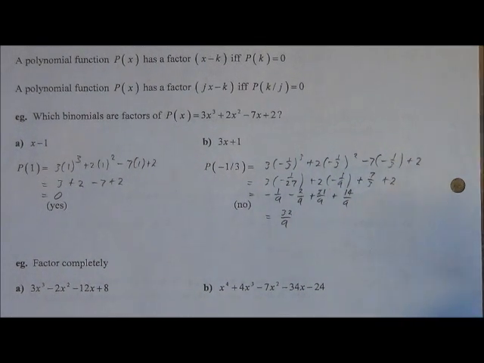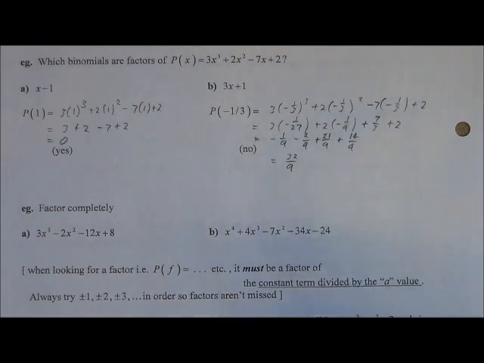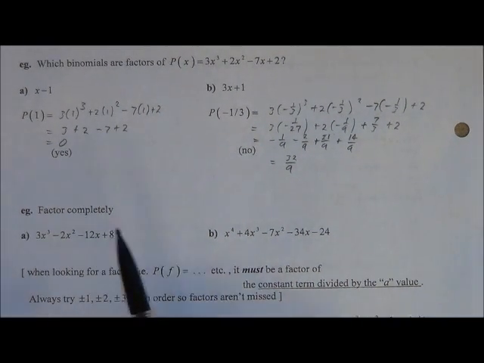So what we're going to do now is factor these completely, to get them down into complete factored form, which would then give us the zeros, which we would need to sketch an accurate graph. Okay, so that's the main thrust of this lesson.